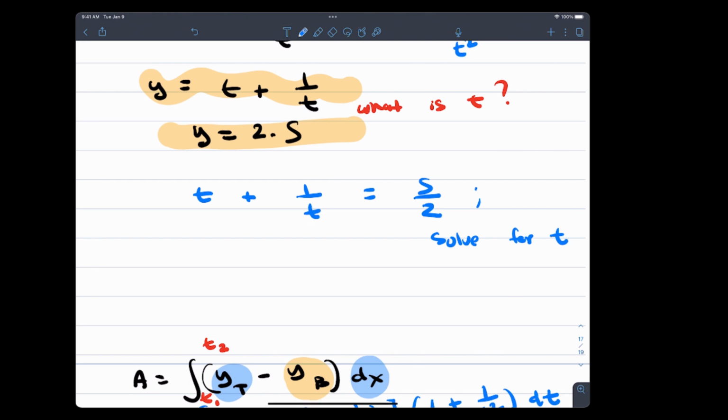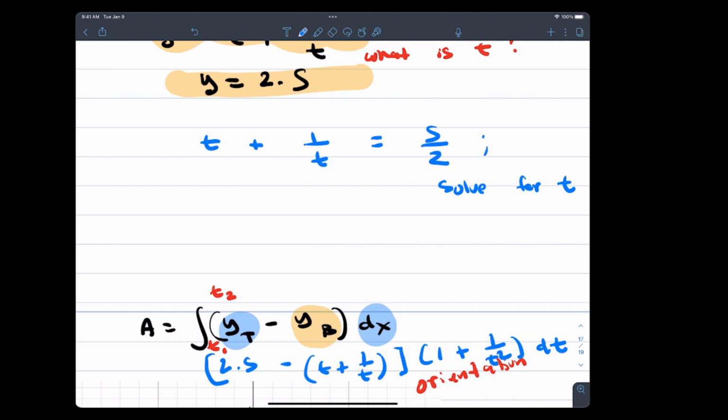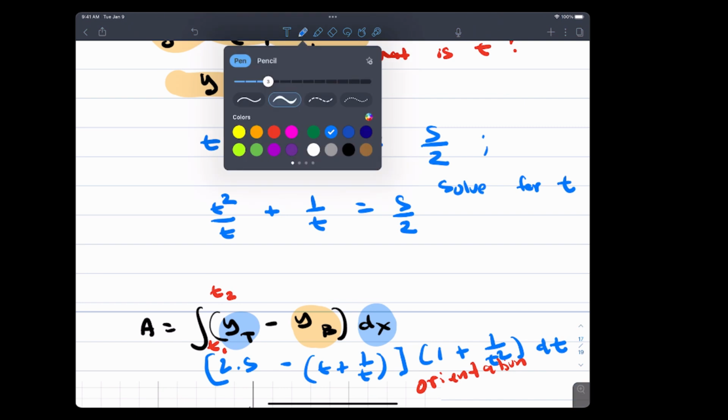Now, you're going to get a quadratic. How do you know we're going to get a quadratic? Because this becomes t squared over t plus 1 over t is 5 halves, I believe. Is that true? Yeah, t over t, so you can multiply that here.